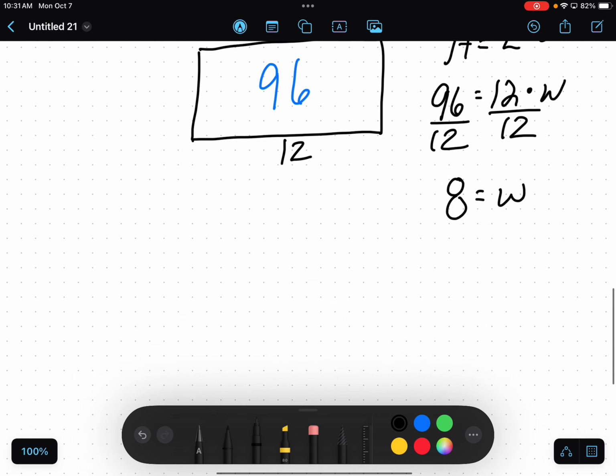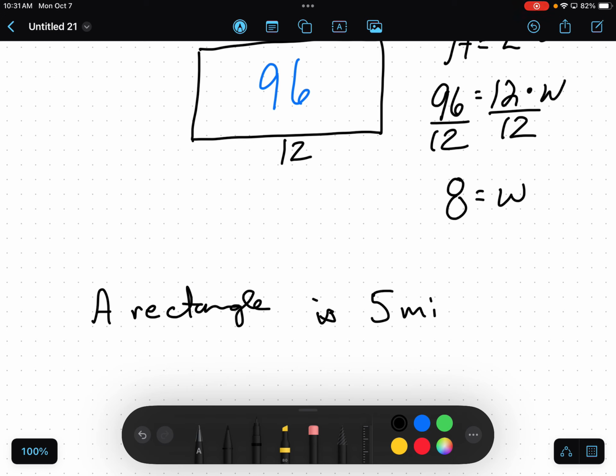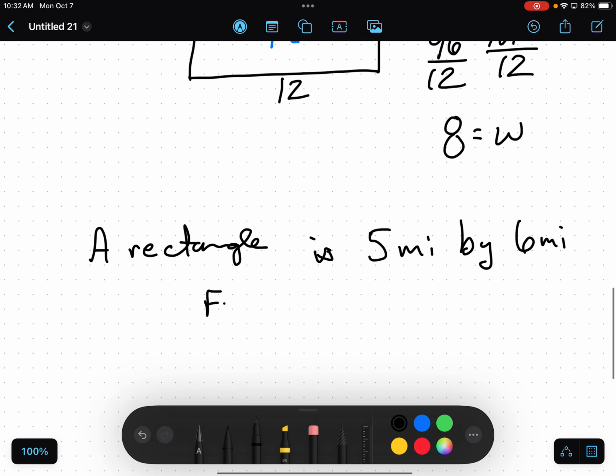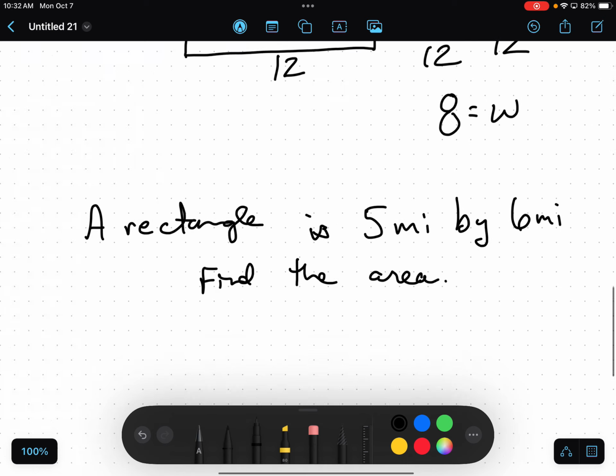Okay. It might also say something like a rectangle is, Sydney, give me a number. 5 miles. London, give me another number. 6 miles, find the area. So again, it's not going to give you a picture.